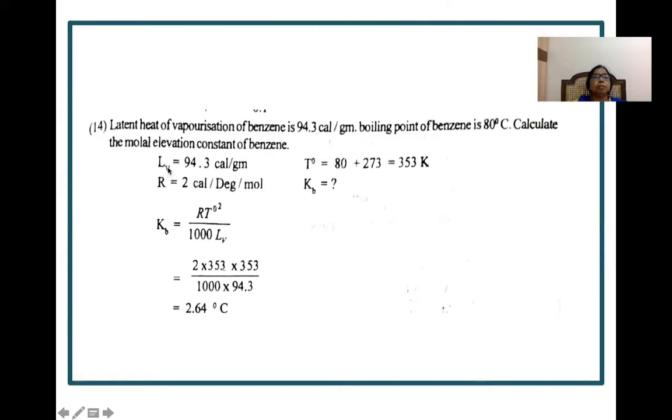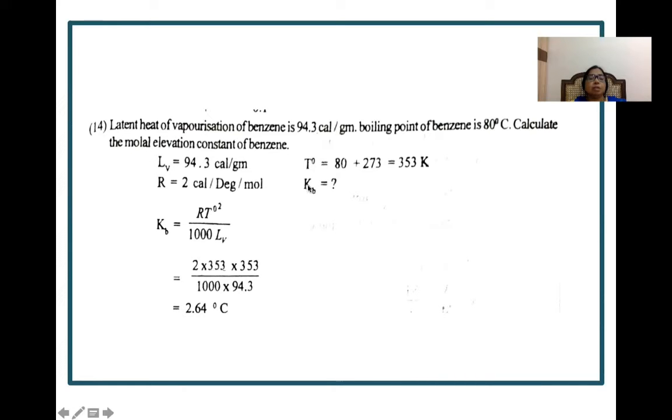So this is the latent heat, 94.3 calories per gram. R is the constant, 2 calories per degree per mole, and T naught is the boiling point of benzene, 80 plus 273, converted into kelvins, so it is 353 kelvins.